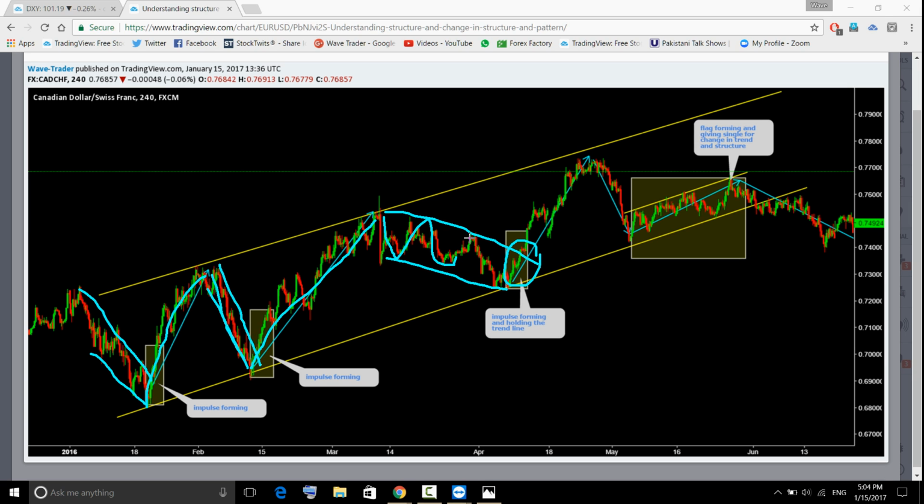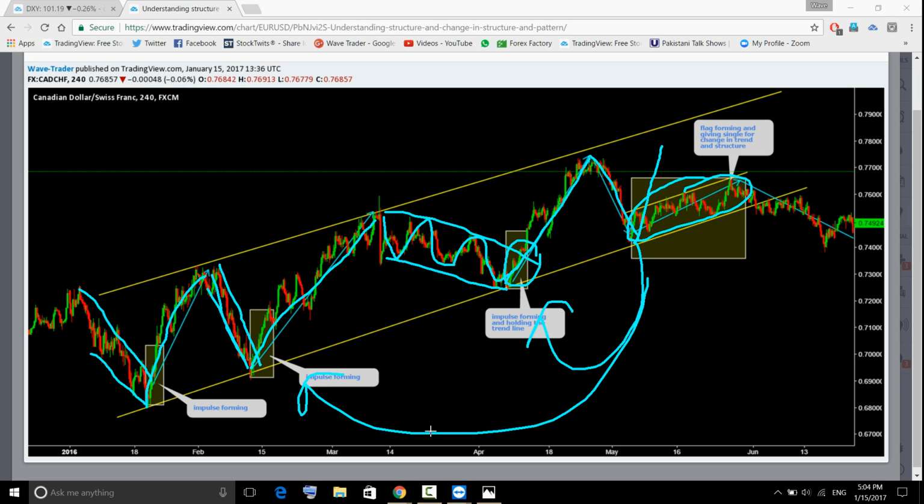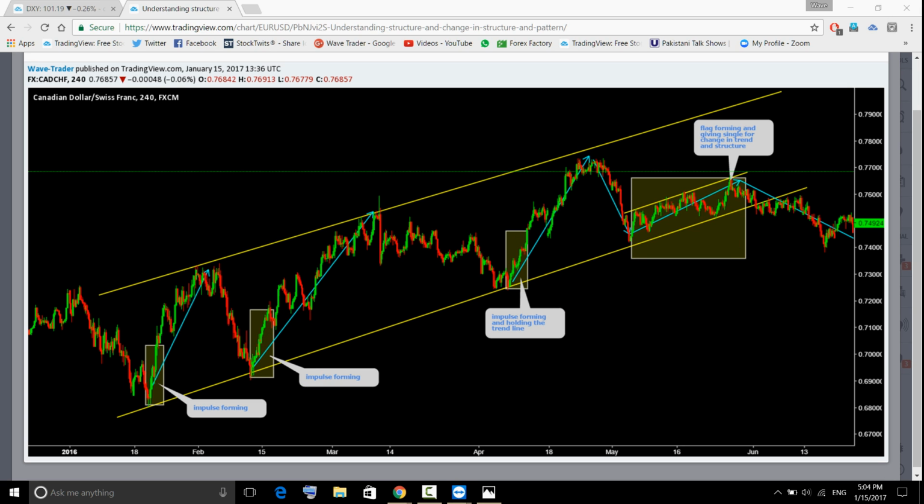Yeah, so impulse appearing, going to continue the previous trend. So this is the corrective move, corrective flag or descending channel. Going to continue the previous trend, but here you guys can see price wasn't rising aggressively like the previous one. Like the previous one, it is forming a channel or flag.